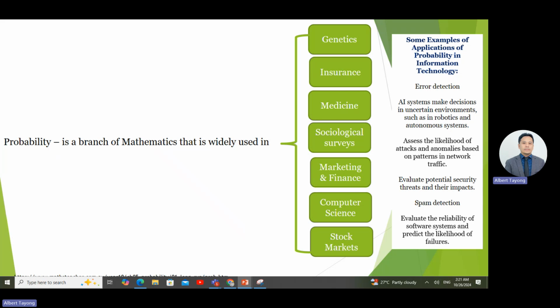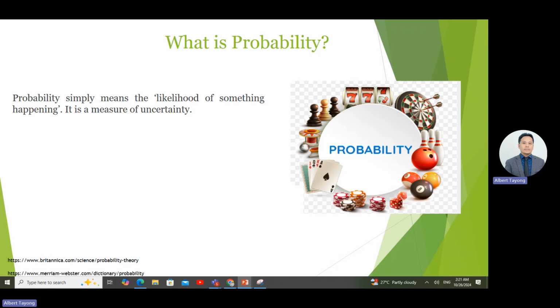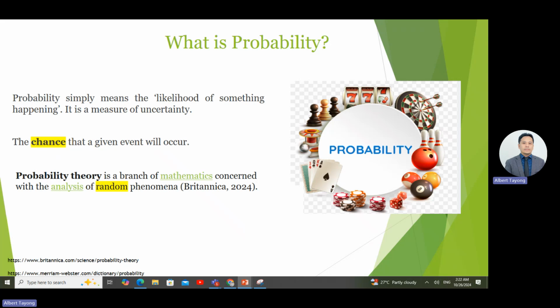this particular concept. So probability is simply the likelihood of something happening, and it is uncertain. So it is a measure of uncertainty because we don't know exactly whether it's going to happen or not until we conduct trials and produce an outcome. So it is the chance that a given event will occur, and it is a branch of mathematics concerned with the analysis of random phenomena.